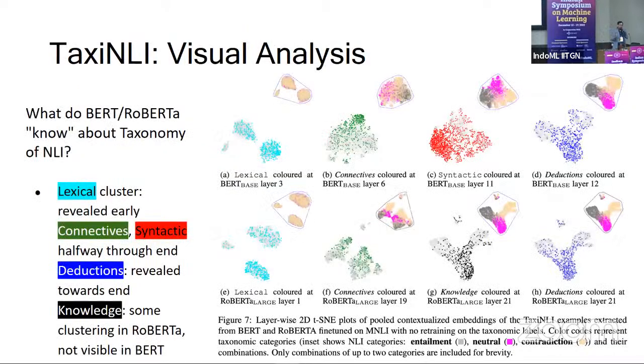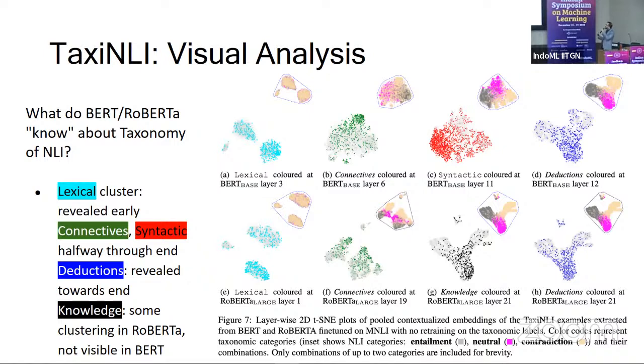However, we also had a very interesting point from the t-SNE analysis: even though they are not able to perform this reasoning, somewhere along their pre-training, they have the knowledge of how to identify these categories. What we saw is that the lexical cluster comes up quite early.